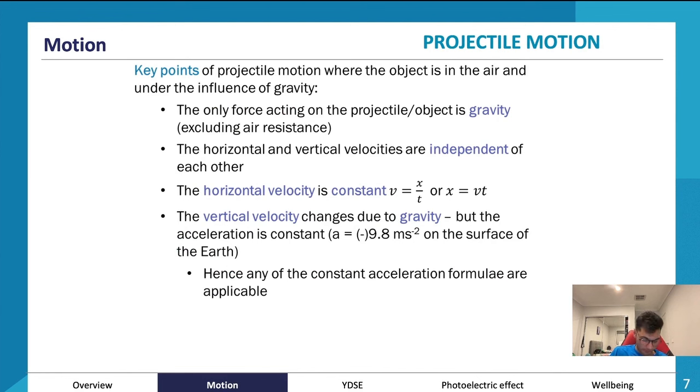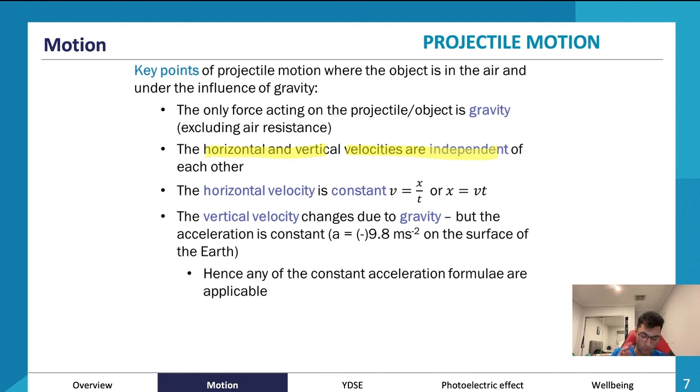Cool. So next up, projectile motion. This is something you would have done in term 1. I know it's been a while, you might have forgotten how these things work, but the essence of projectile motion is this. As long as you can keep in mind that the horizontal and vertical velocities are independent, meaning they do not relate with one another, you should be pretty fine with these.